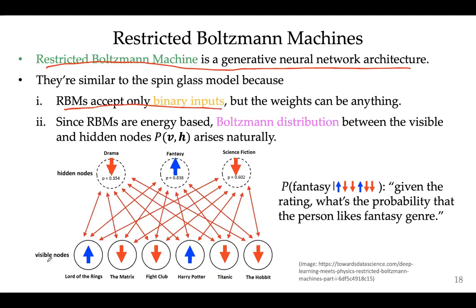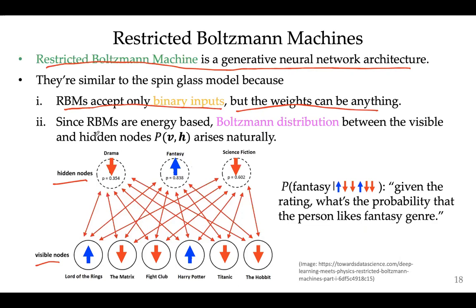There are these visible nodes, which are the inputs, and there are hidden nodes. There's no output. The model accepts only +1 and -1, or spin up or spin down. So in this sense, they are like the spin glass models. But the weights can be anything.